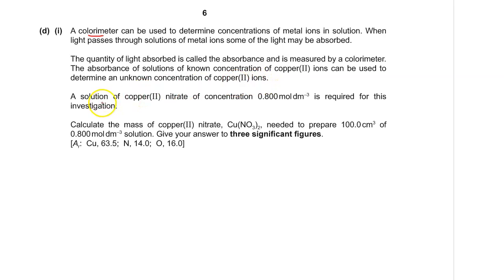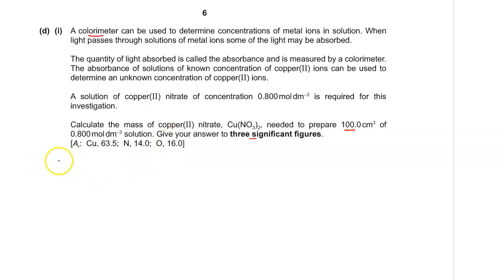A solution of copper 2 nitrate of concentration 0.8 moles per liter is required for this investigation. Calculate the mass of copper nitrate needed to prepare 100 centimeters cubed of 0.8 moles per liter solution. Give the answer to 3 SF, given the relative atomic masses of copper, nitrogen, and oxygen.